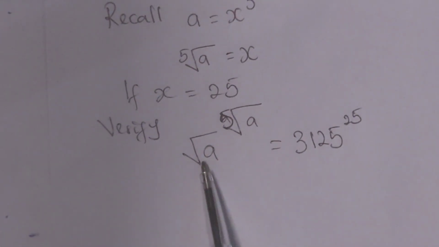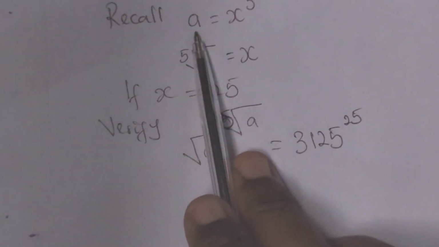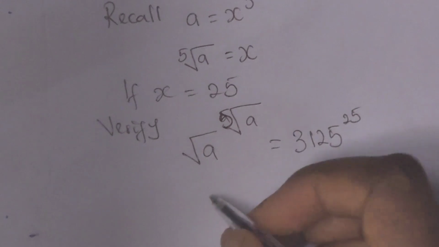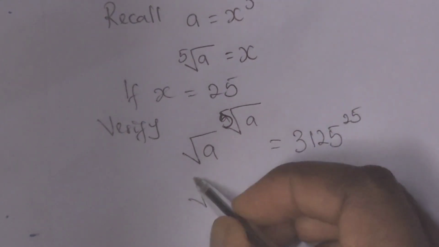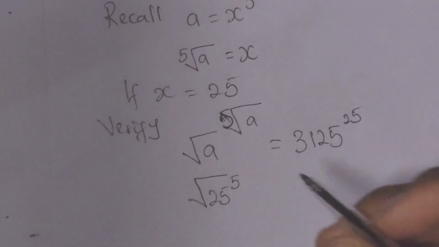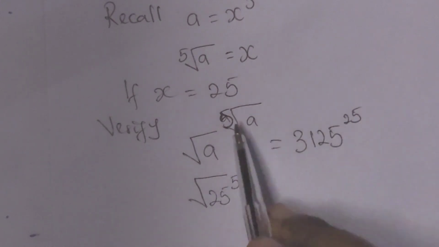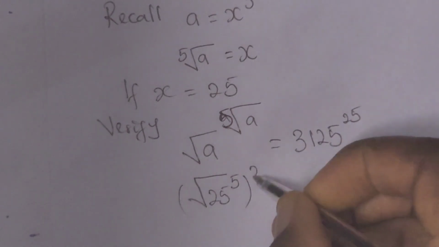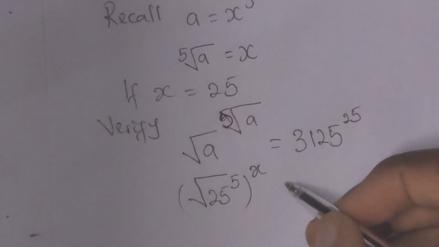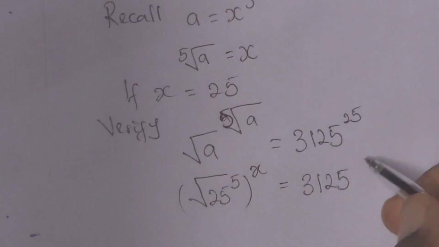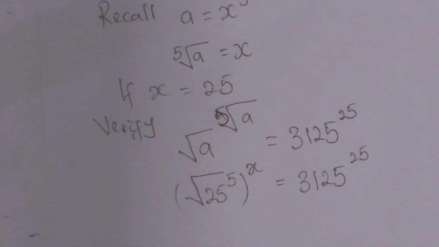So when we verify our root a, we have a to be x to the power of 5 and our x is 25. So root a will be root 25 to the power of 5, and the fifth root of a is x, so all raised to the power of x, equal to 3125 to the power of 25.